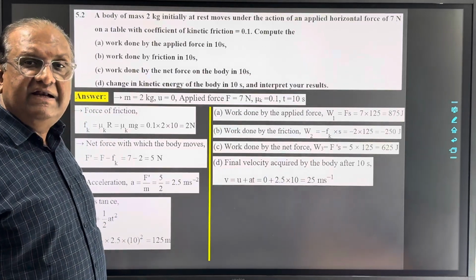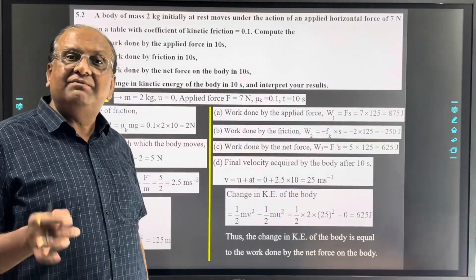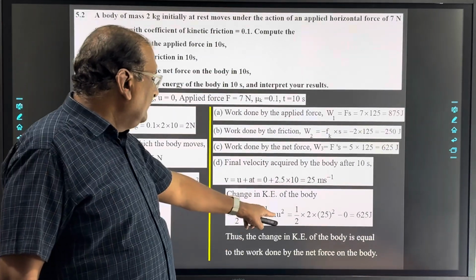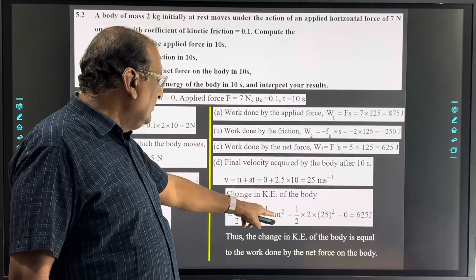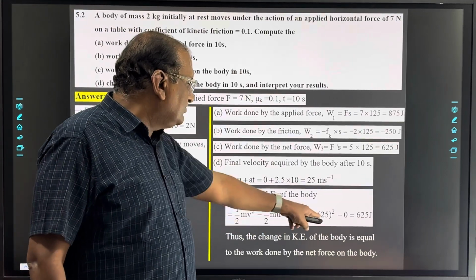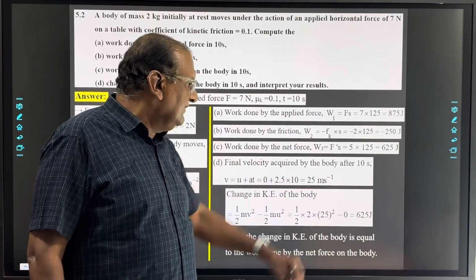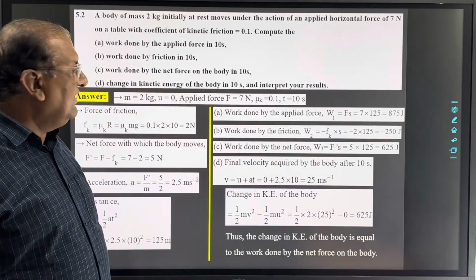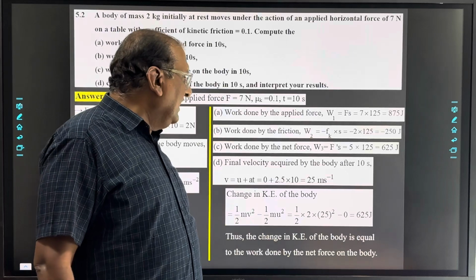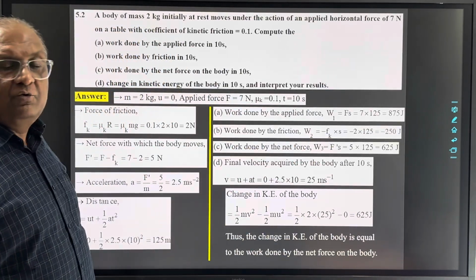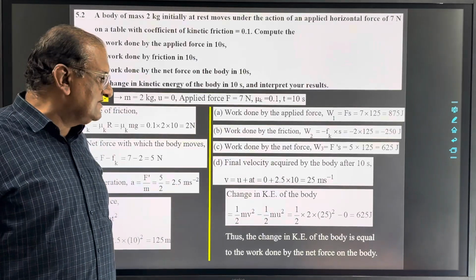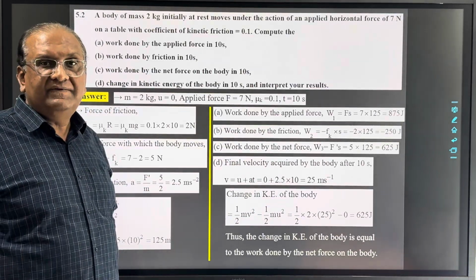Now change in kinetic energy is half m V square minus half m U square, but half m U square will be 0 because U is 0. Half m is 2, V square is 25 square, so again it is 625 joule. So here see, work done by net force is equal to change in kinetic energy. So this one is as per the work energy theorem. Clear?